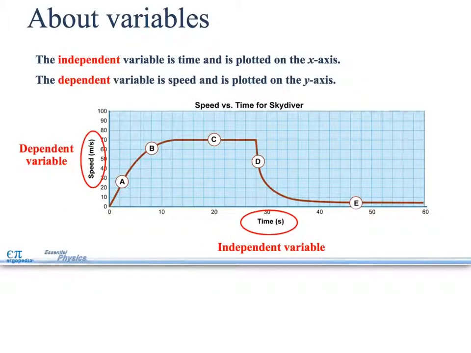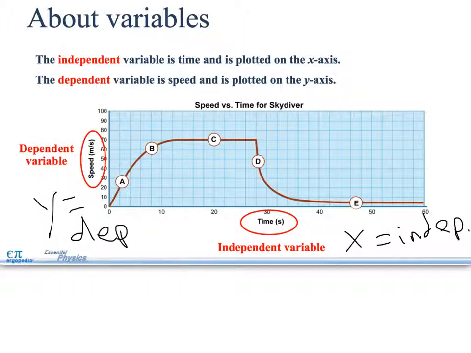The independent variable is time and is plotted on the x-axis. So x equals independent. That means y equals dependent. The dependent axis.